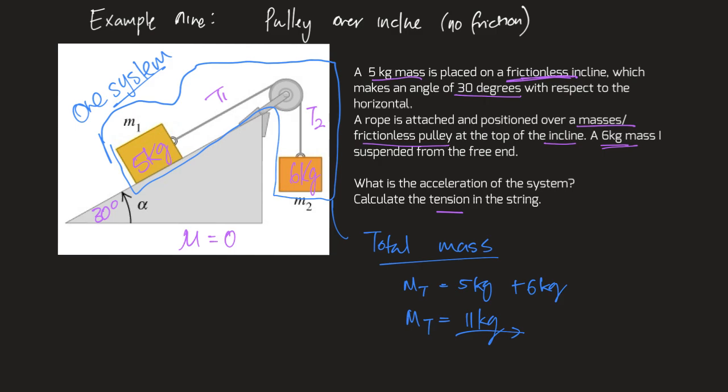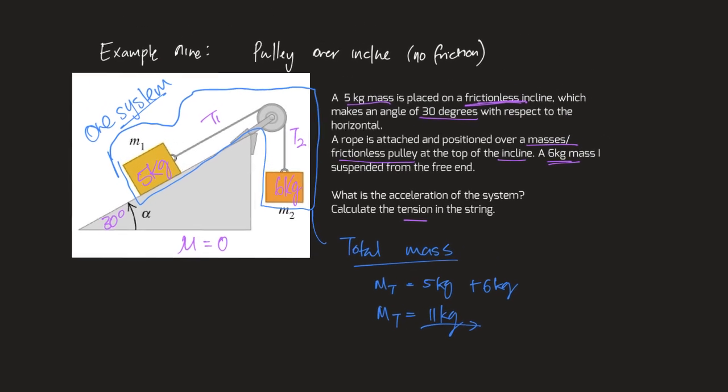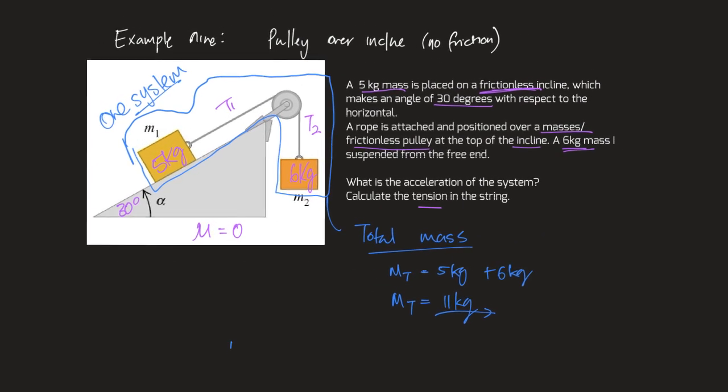So when I have an inclined system, the first thing I need to do is choose what I would consider a positive direction. Now, because there is no friction, and I said this before when we spoke about the other examples, I have to think about what I would consider positive.